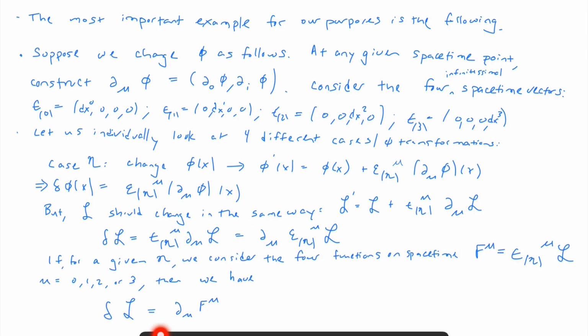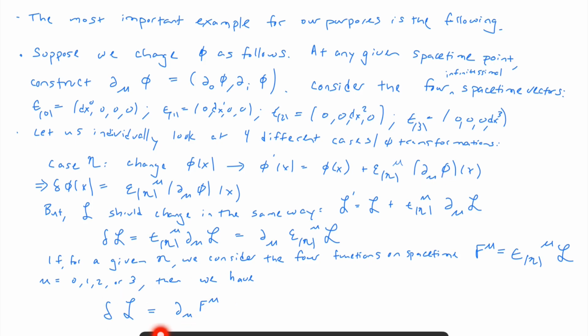Well, what's so good about that? Well, here we go. The change in the Lagrangian over here is equal to d mu of this thing over here. And if we just call this whole thing f mu, then we realize that we can express the change in the Lagrangian that happens when you change phi in this way in this standard form, exactly of this form, d mu f mu.